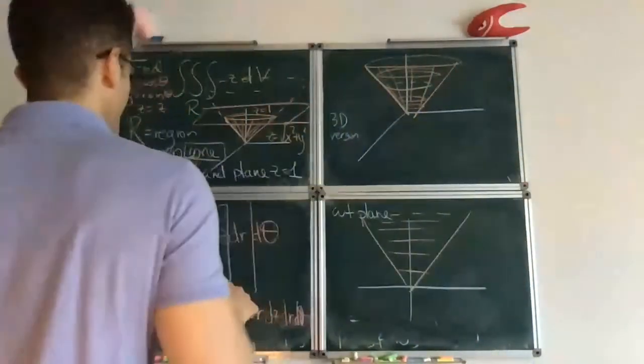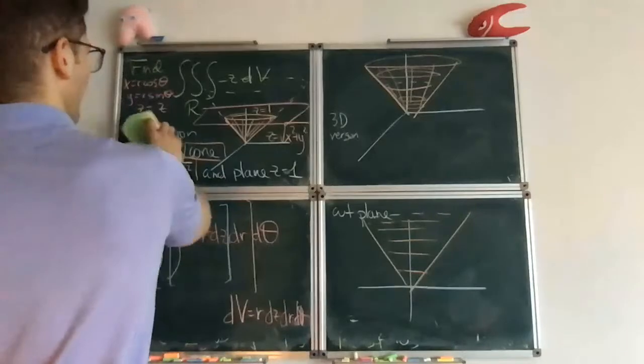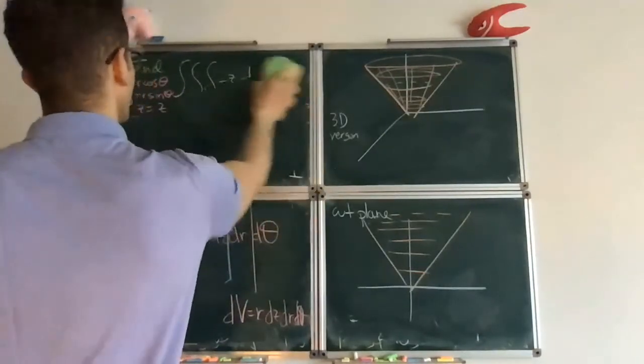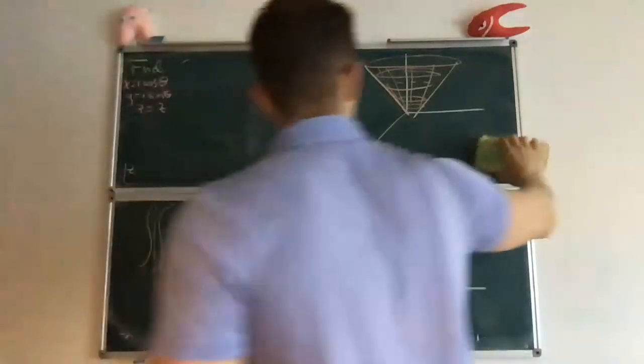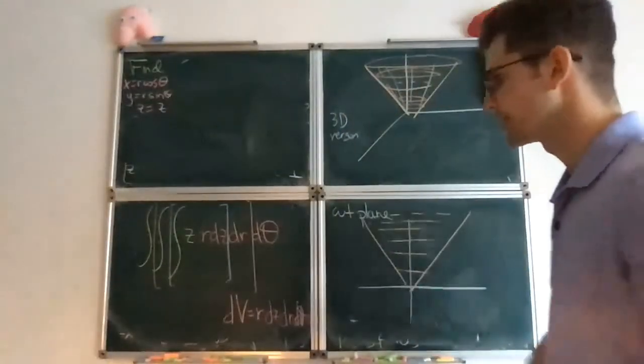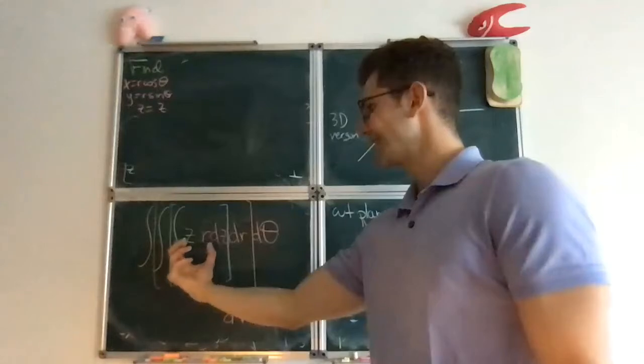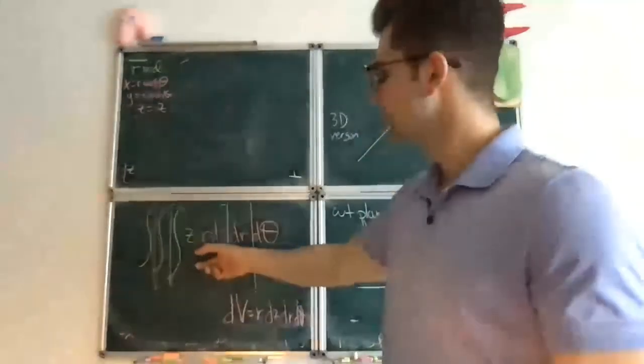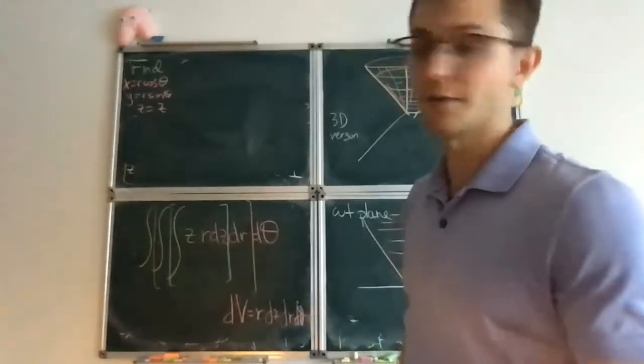And so why is that the case? How can we find the bounds for the triple integral? Well, first we have to do this integral. We're integrating first with respect to z. So that means that r and theta are held constant.